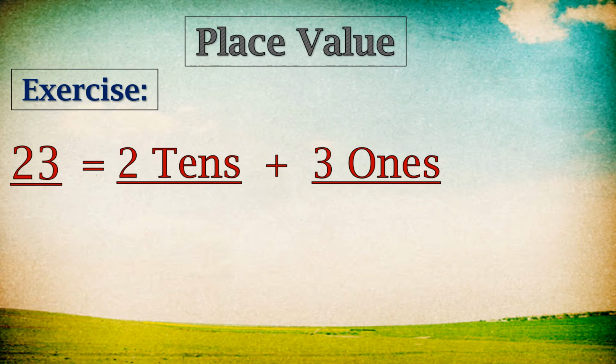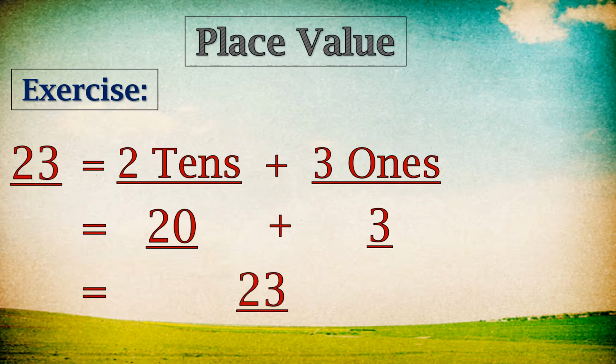Ones. Okay? So 2 tens is 20. 10 plus 10 is 20. Plus 3 ones, it's 3. So 20 plus 3 is equal to 23. Great job.